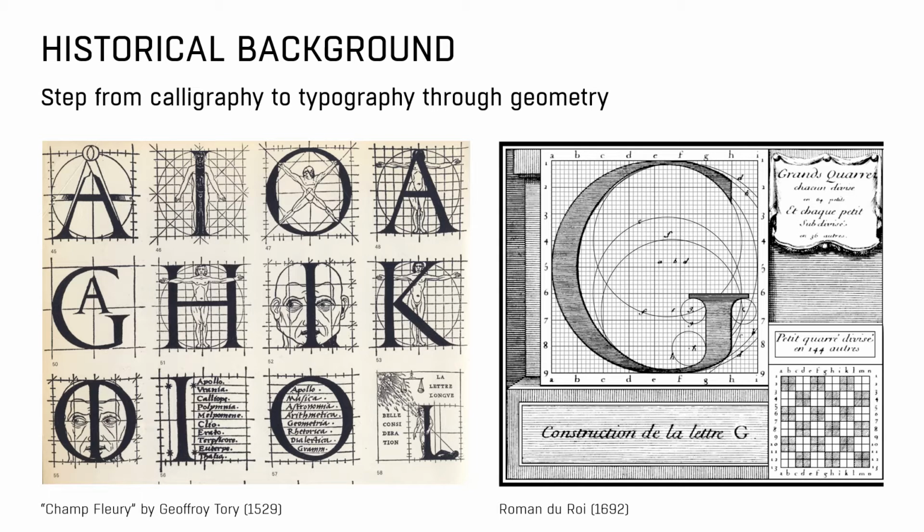The zenith of the rationalization of typography came with the Romain du Roi. The King of France, Louis XIV, commissioned the design of a new typography based on mathematical principles. To achieve this, they created a meticulous square grid of 2,304 subdivisions.